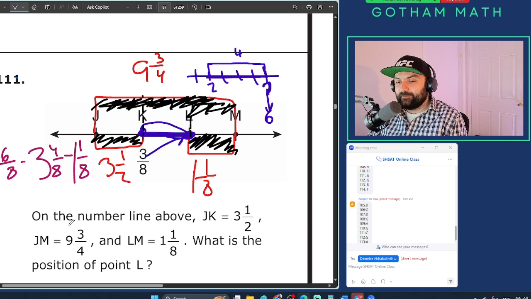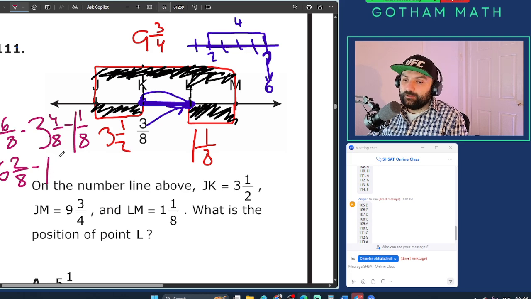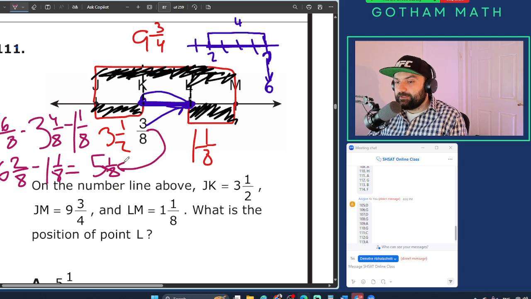What are we going to get? 9 and 6/8 minus 3 and 4/8 is going to be 6 and 2/8. 6 and 2/8 minus 1 and 1/8 is going to be 5 and 1/8. 5 and 1/8 is the length of KL.